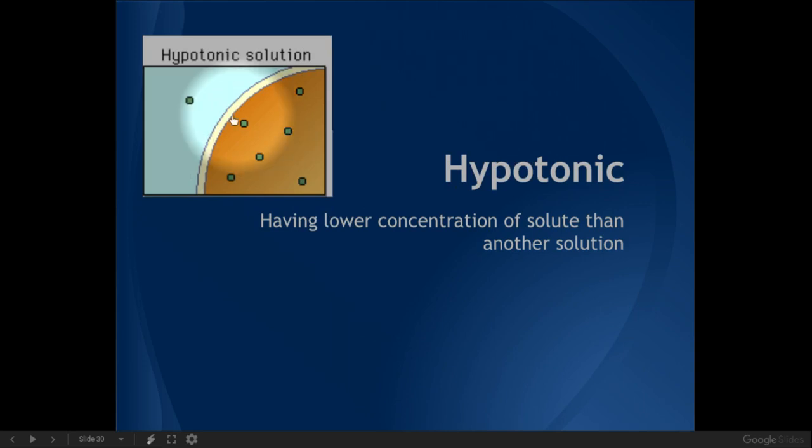If we move on to hypotonic solution, I can see there's one solute out here, so it's hypotonic compared to the cell, but the cell is hypertonic because there's more solutes in the cell than there are outside of the cell. So this solution is hypotonic, but this cell is hypertonic compared to the solution.